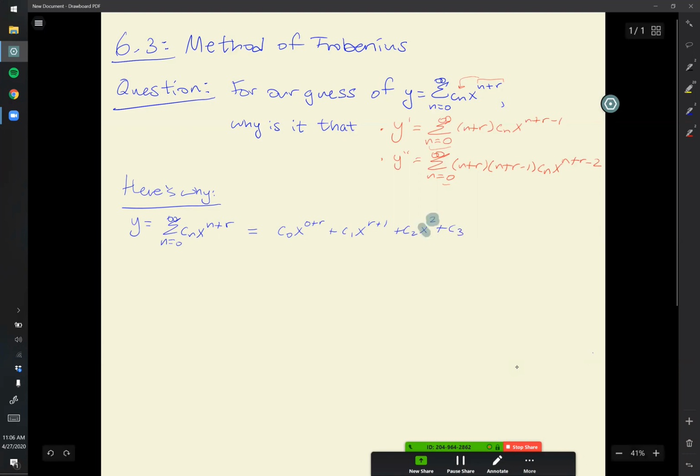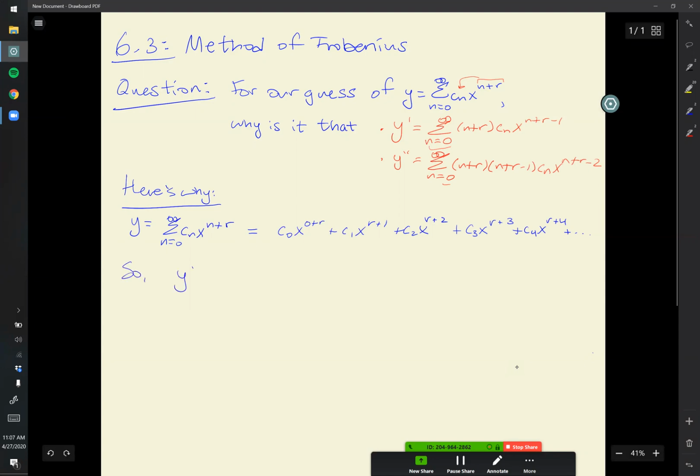Let me erase that, I jumped the gun. It's actually going to be x to the r plus 2 and so forth. C3 x to the r plus 3, plus C4, and so on, like that. So let me take its derivative.